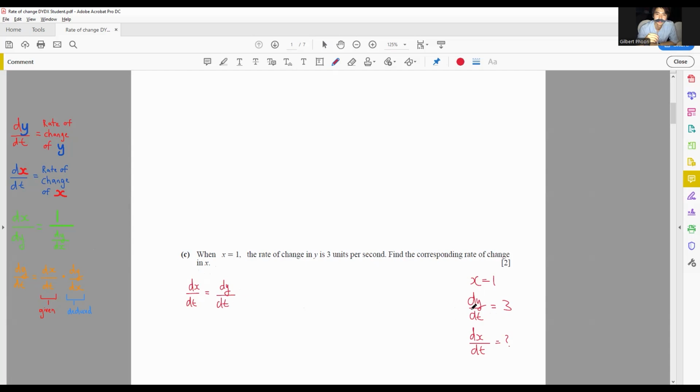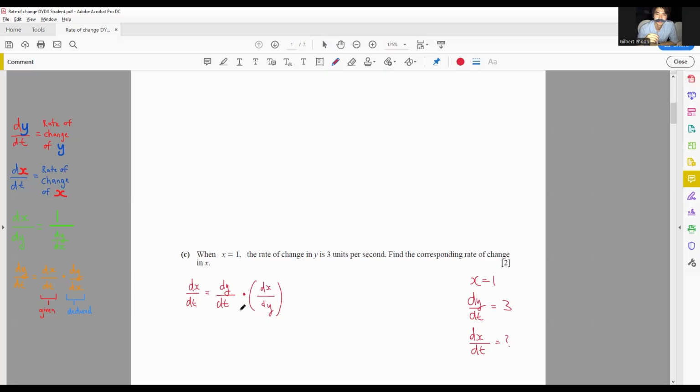Sometimes it might be that you have to invert it, right? But in this case here, dy over dt multiplied by dx over dy. So dx over dy, like I mentioned earlier, is the reciprocal of dy over dx.